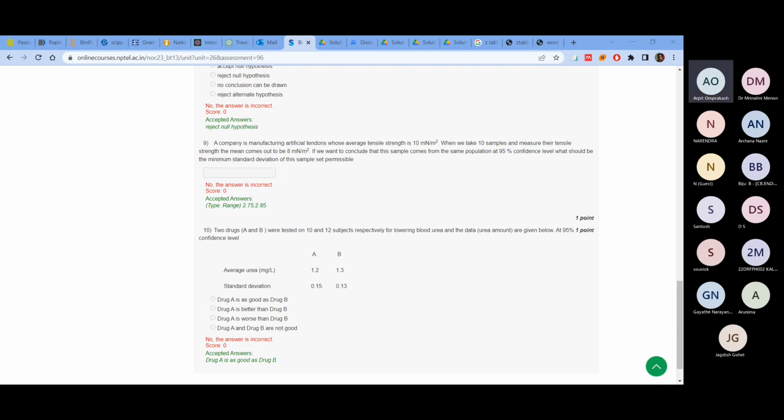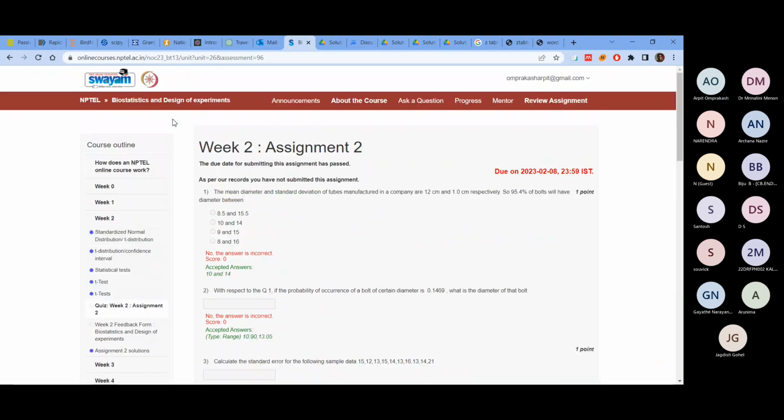Any other questions? Sir, about the mode question. Assignment 1, solution number 8.